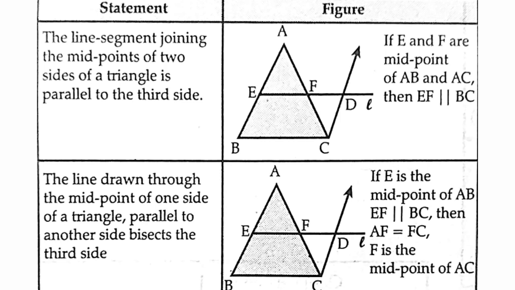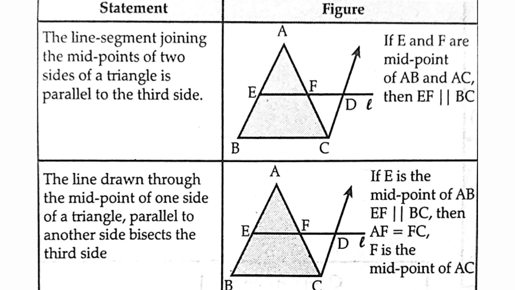Now the next statement, the line segment joining the midpoints of two sides of a triangle is parallel to the third side, right? Here students, we can see that E and F are midpoints of AB and AC.